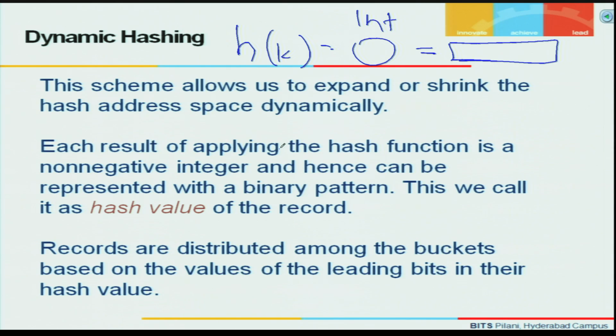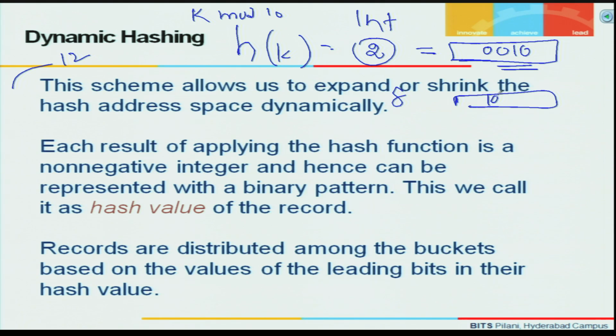For instance, if I have the hash function k mod 10, and the record with key value 12 comes, the result of 12 mod 10 is 2. What is the binary equivalent of 2? It can be represented like this.